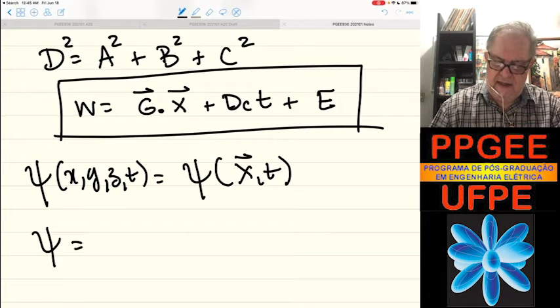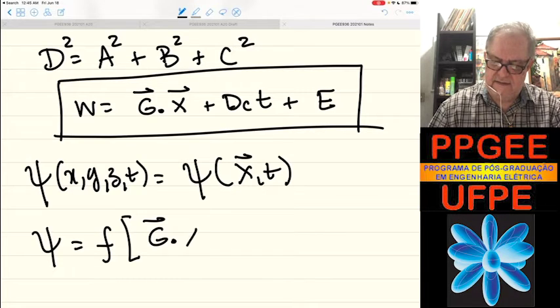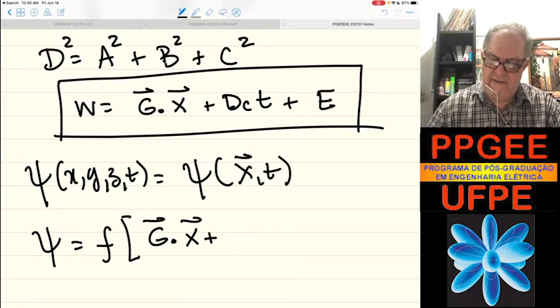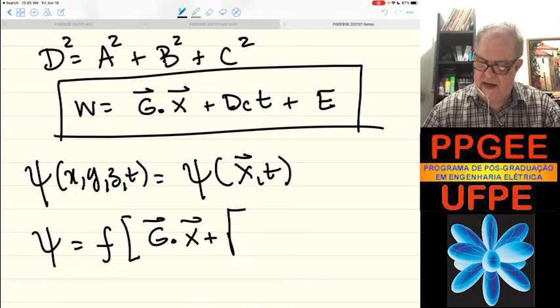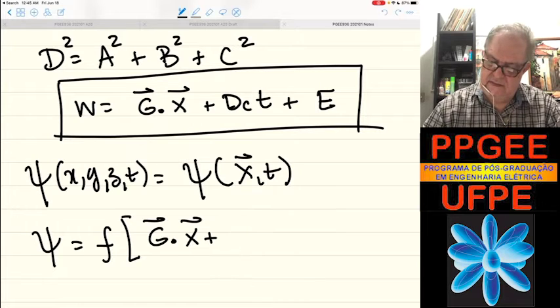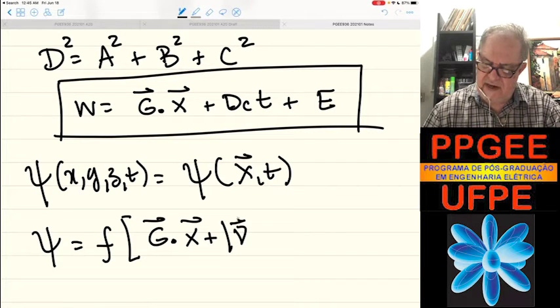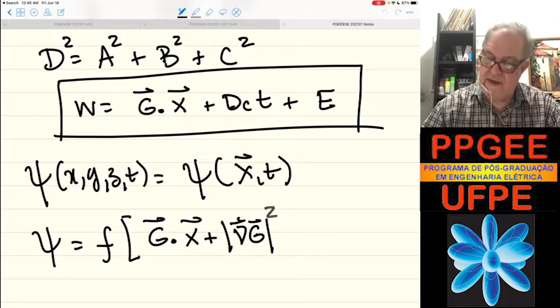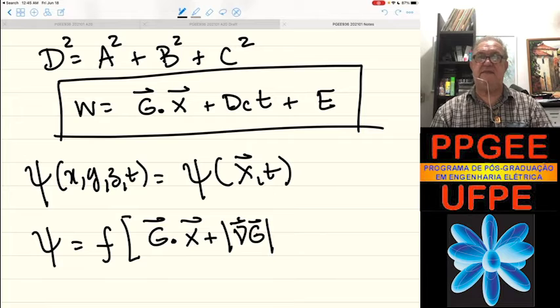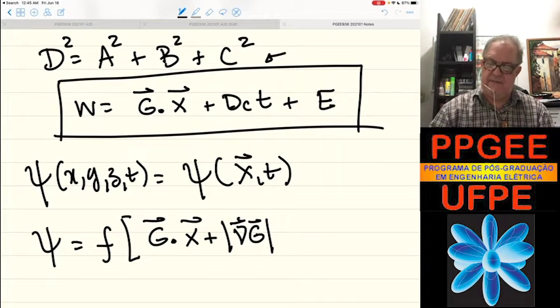It's going to be a function of G dot x plus D, which is the square root of A square, or if you want, the magnitude of gradient of G, which is constant. I mean, the magnitude of gradient, which is D, right? This is the square root of A square plus B square plus C square.